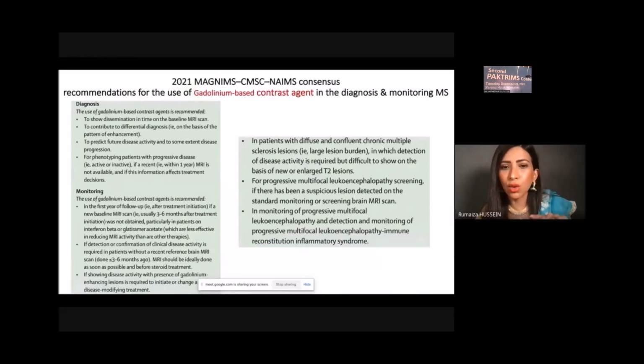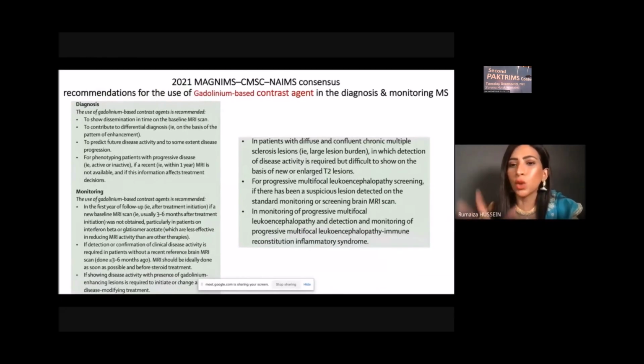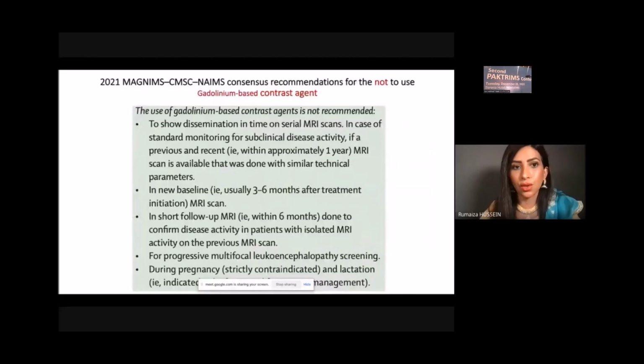And again, here also, if we want to detect diffuse or confluent chronic multiple sclerosis, like large lesion burden, and also for PML cases for screening, and also for monitoring of PML. Those are the recommendations for the use of gadolinium.